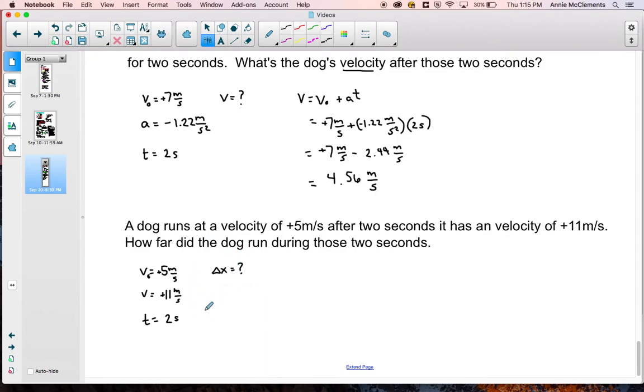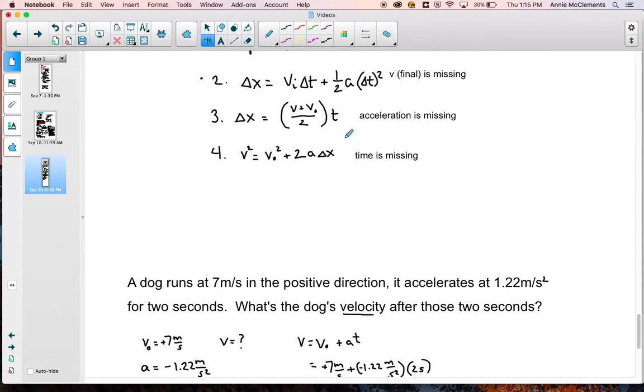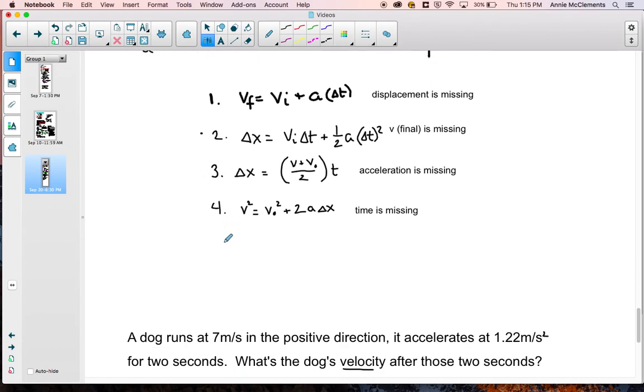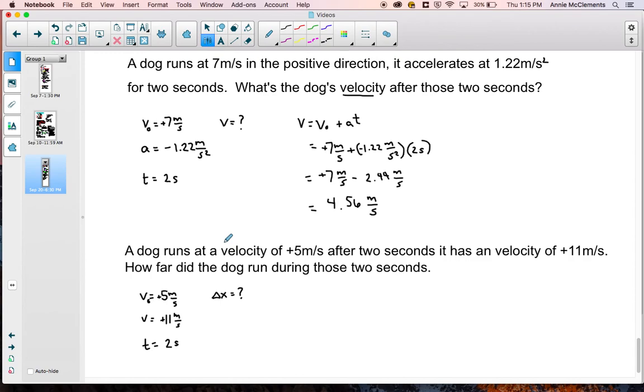We're missing acceleration from here. So we want to find an equation that doesn't have acceleration. This one is missing acceleration. So it looks like number 3 is going to be our best bet. And number 3 says that displacement equals velocity final plus velocity initial over 2 times time.